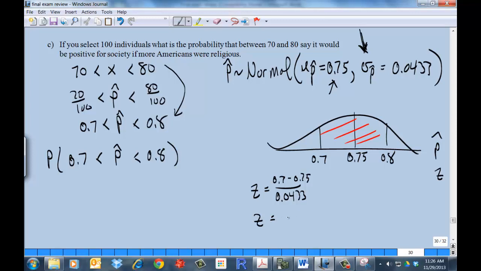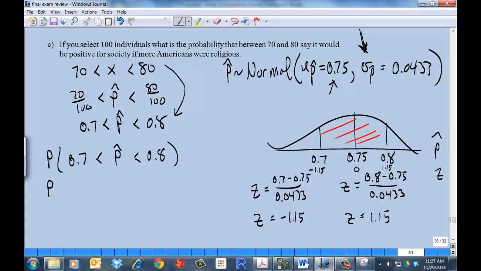So here we get minus 1.15, and then 0.8 is equal distance, so you know it's going to be positive 1.15, but we'll go ahead and calculate it again. 0.8 minus 0.75 over standard deviation, sigma p hat, 0.0433. We get z is equal to 1.15. So the mean becomes 0, 0.7 becomes minus 1.15, and then 0.8 is converted to 1.15.